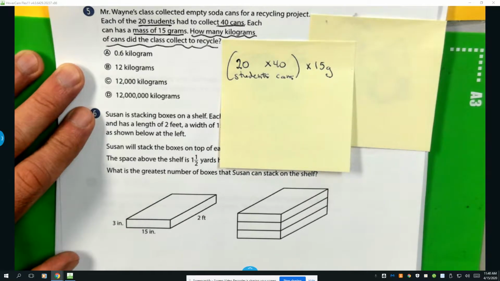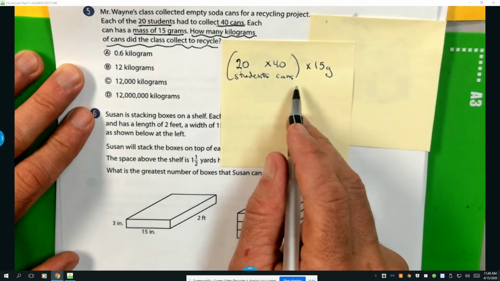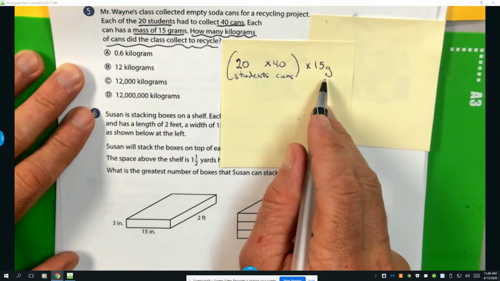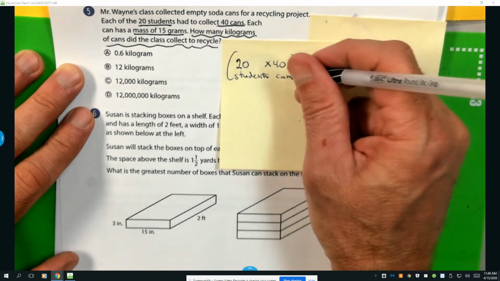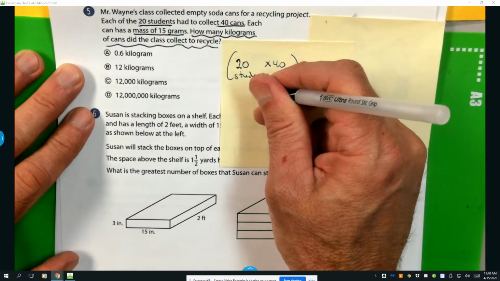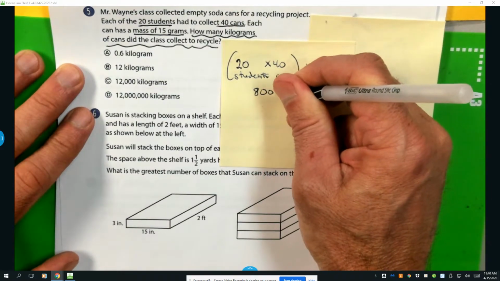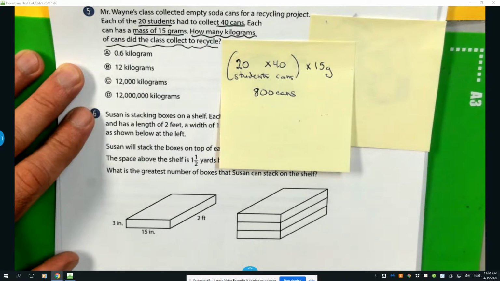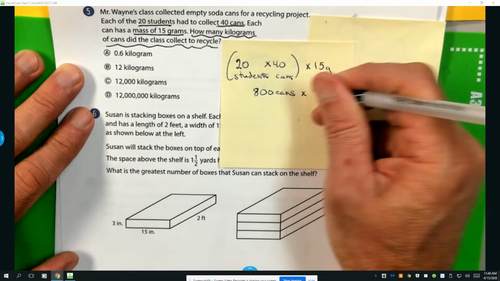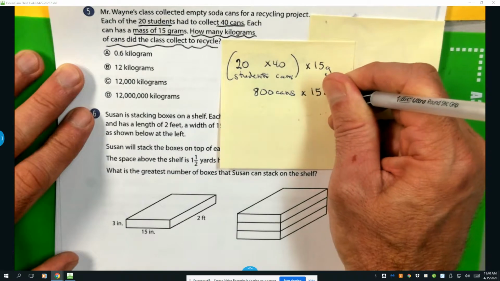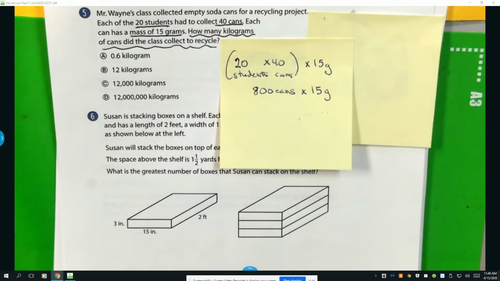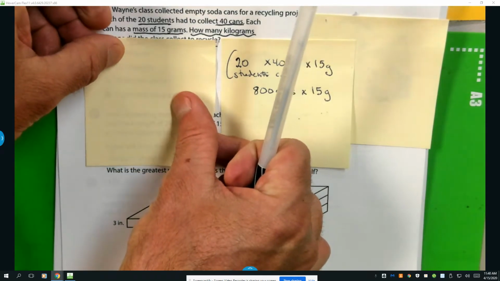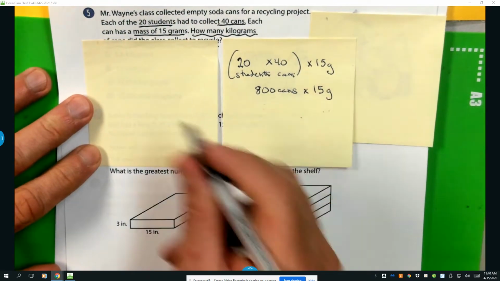All right, so now I'm just going to follow order of operations on this expression. I'm going to say 20 students times 40 cans. That's going to be 800 cans. Okay, and each can has a mass of 15 grams. So 800 times 15 grams. Okay, and I can just do that right over here. 800 times 15.